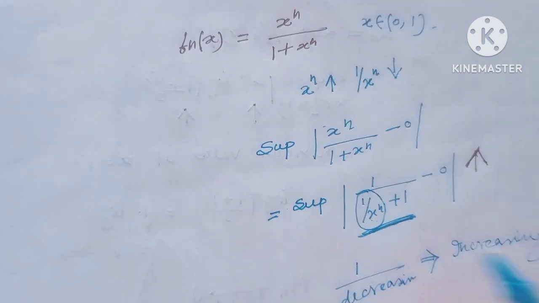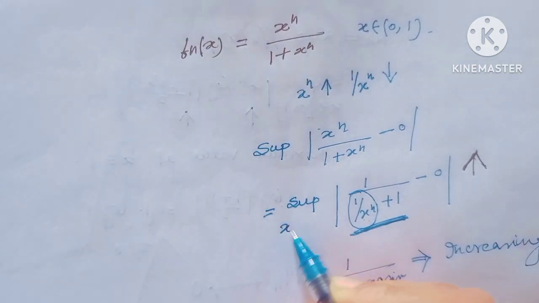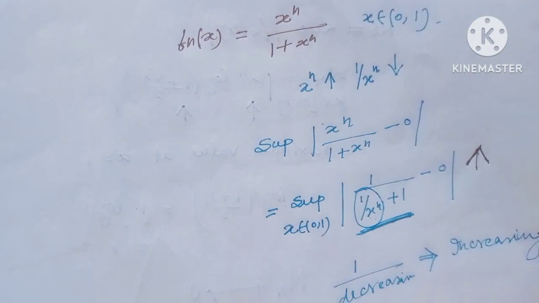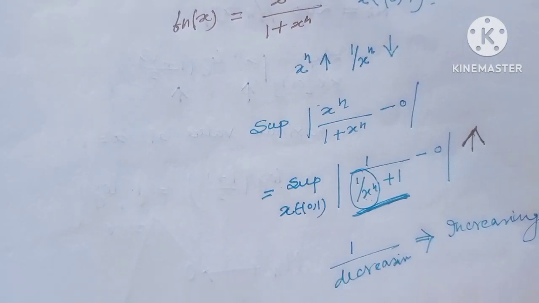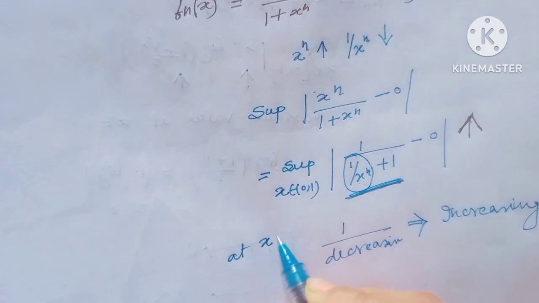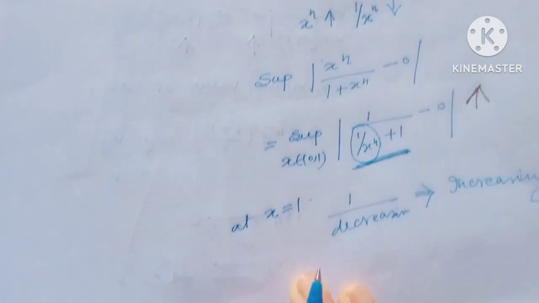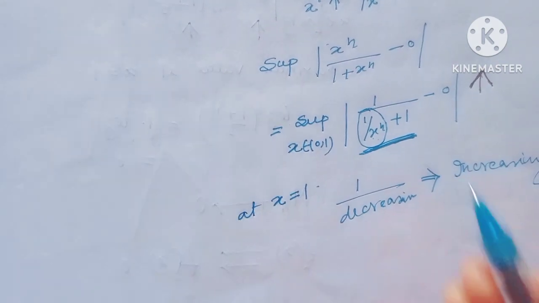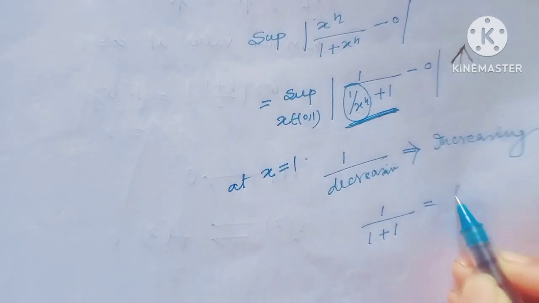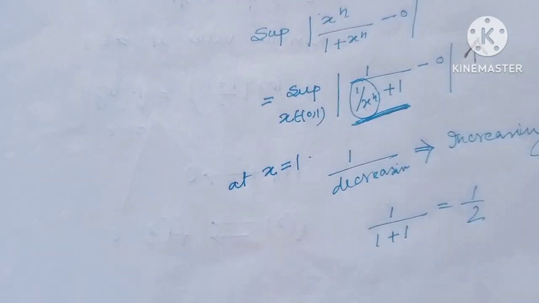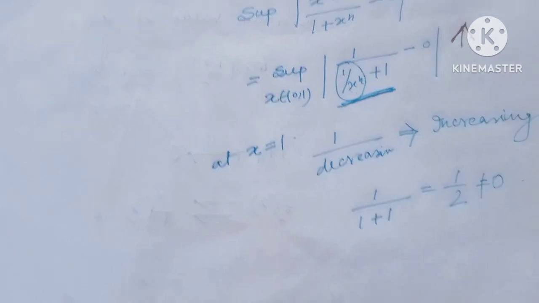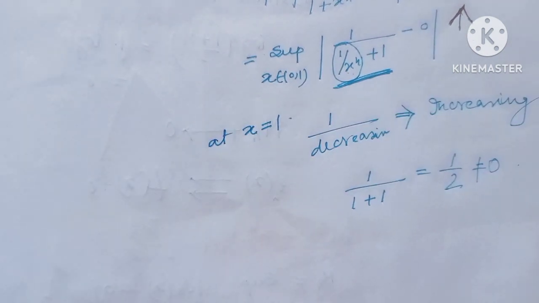Since this function is increasing, the supremum over x in (0, 1) has a maximum value at x = 1, and this value is 1 over (1 + 1), which is 1 over 2. This is not equal to 0. I hope all my viewers have understood.